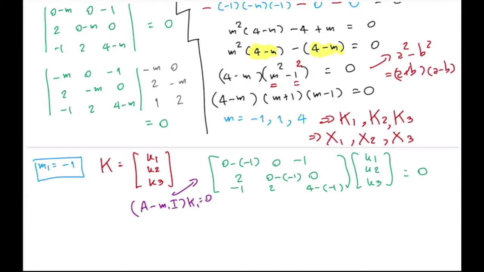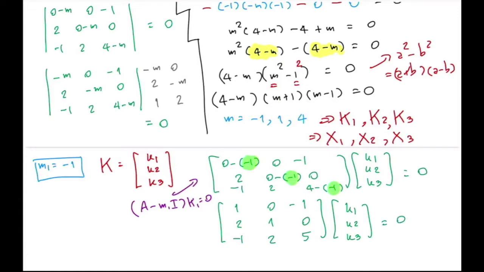And this is M1. Good. So here we have 1, 0 minus 1, 2, 1, 0 minus 1, 2, 5, and then we get K1, K2, K3 equals 0.